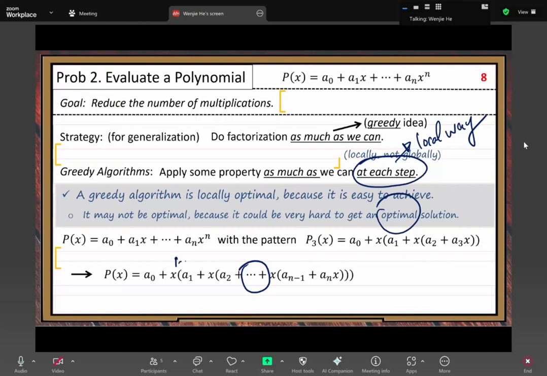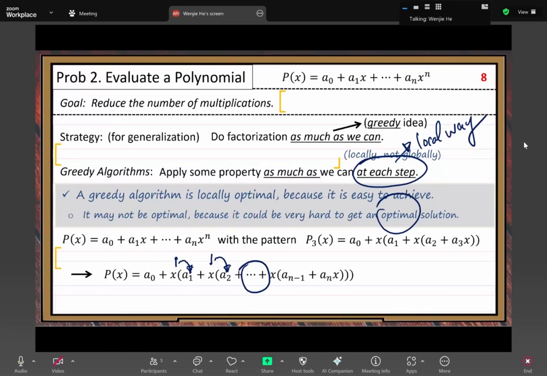Can we associate it with the subscript of this coefficient A1? One-to-one association. Then the second multiplication: can we associate it with the subscript of the A2 coefficient? One-to-one.